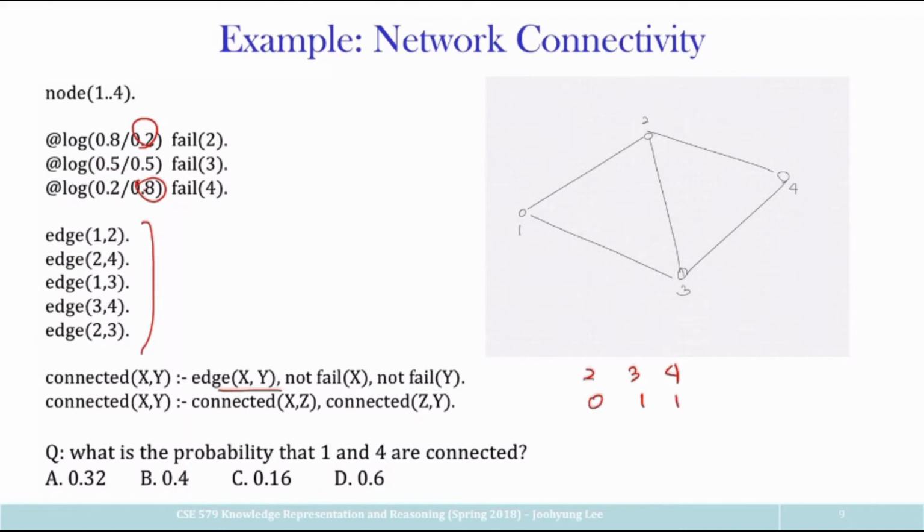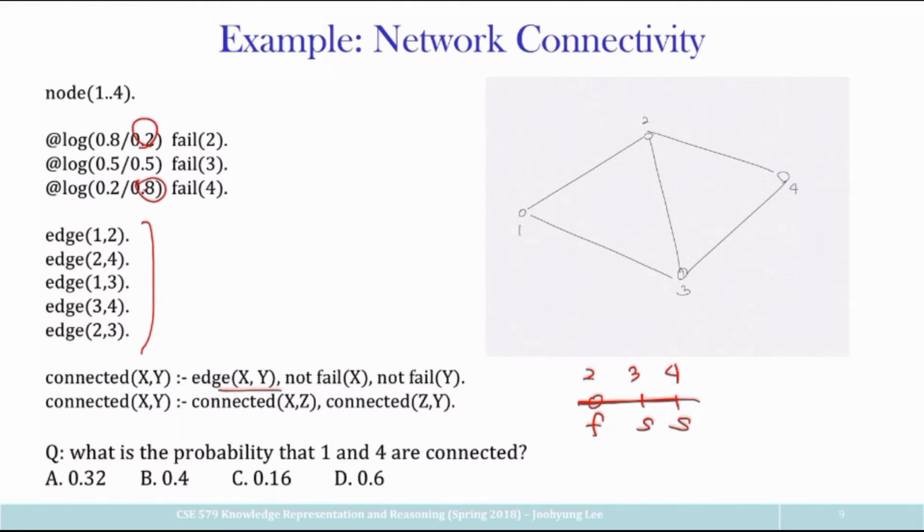So this is one possibility: node 2 fail, node 3 successful, node 4 successful. If node 2 fails, then the only way to connect is through 3, and 4 must also be successful.